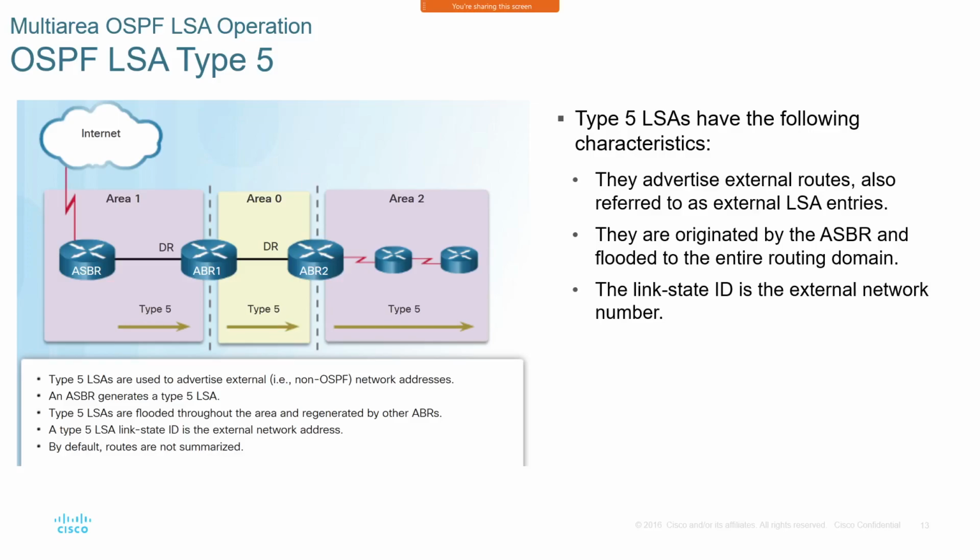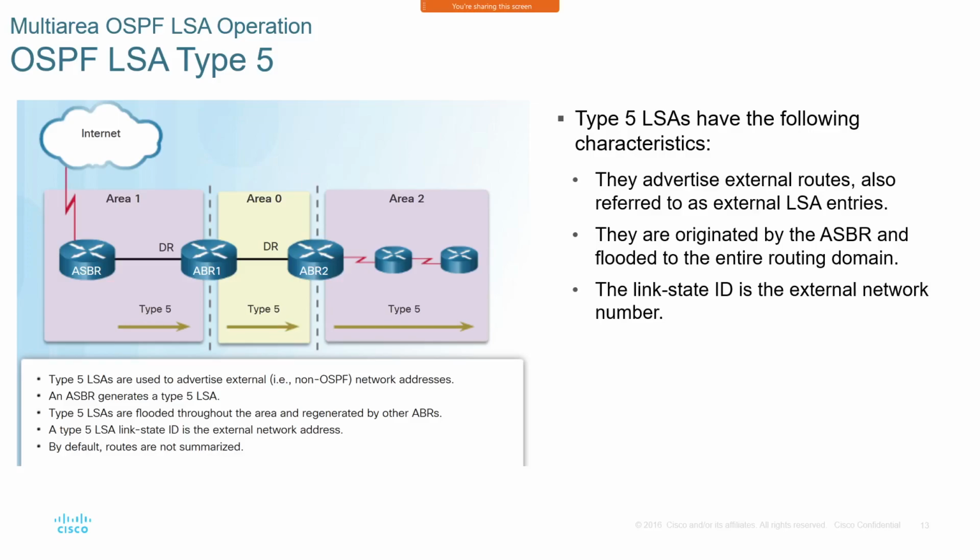So the ASBR sending the information of where the external route is outside of the OSPF domain. So as we can clearly see here, the ASBR has a route to the internet. And how does it let everybody know about it, including the ABR in the same area as it? Sending the type 5 LSA.